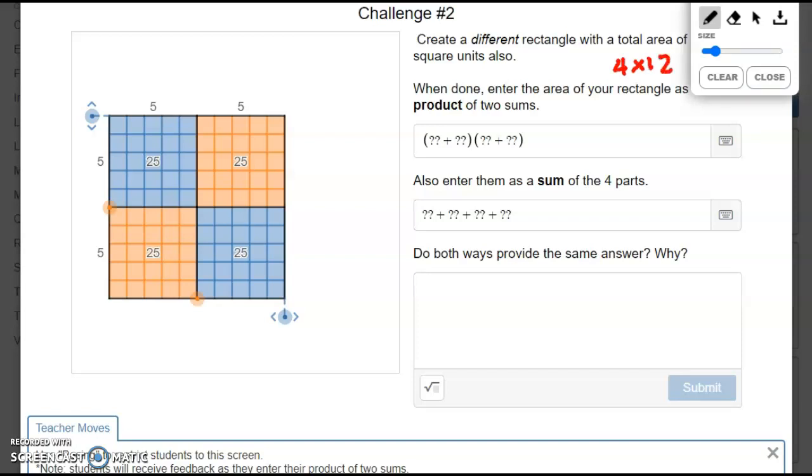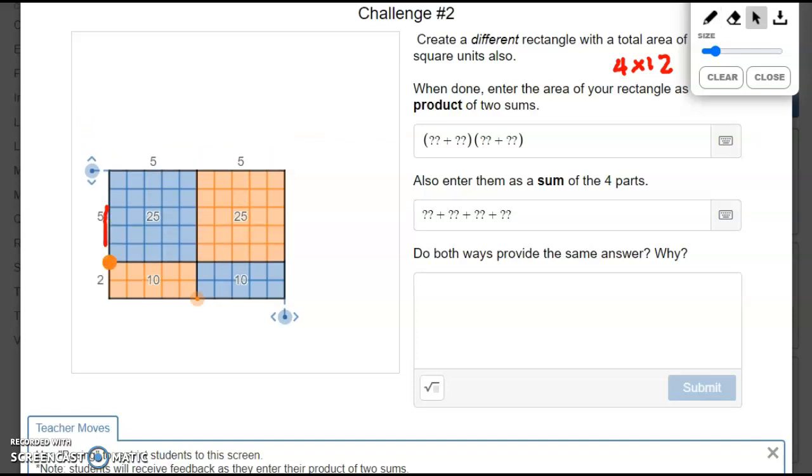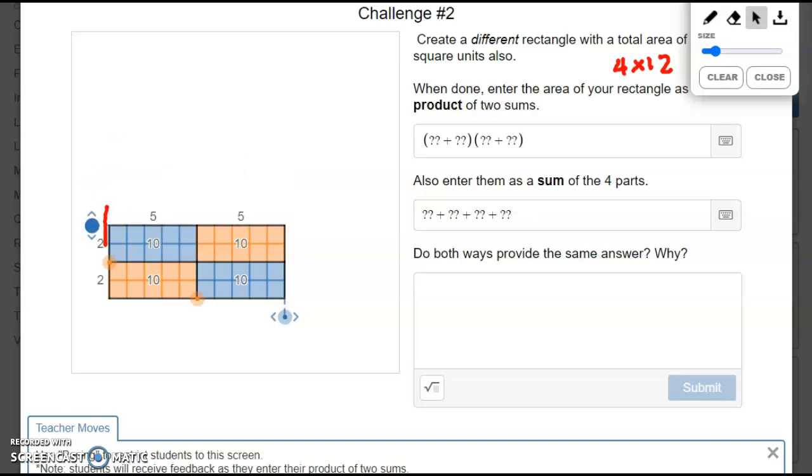Okay, so I want the width to be 4, so I can do 2 and 2. Let's move this to be 2 and 2. That means I need the length to be 12, so I can do this as 6 and 6 or 7 and 5.